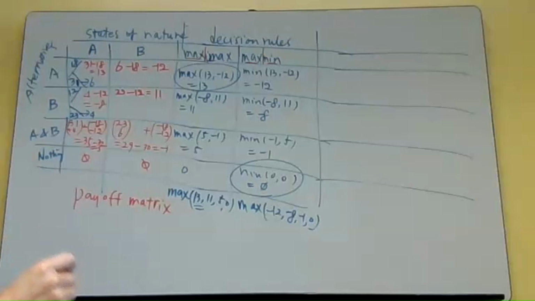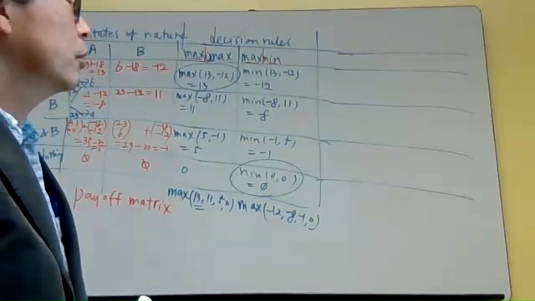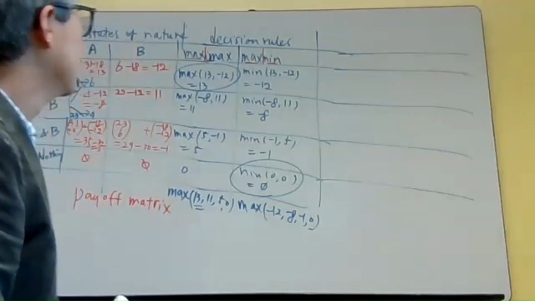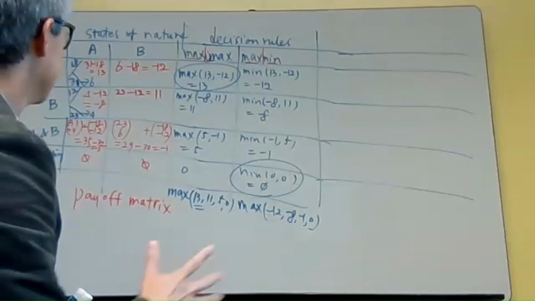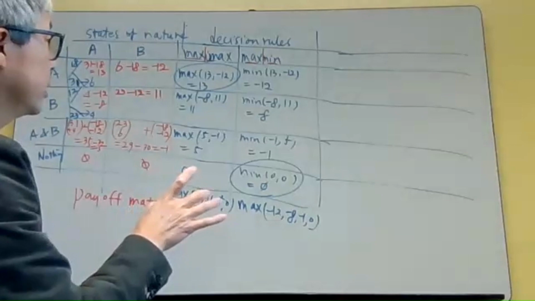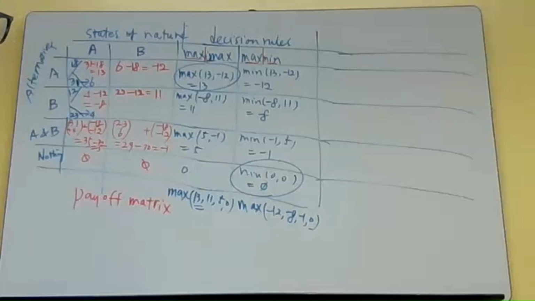Now we're going to use regret, which is opportunity loss. So using payoff, we're going to create a regret table, a regret matrix.